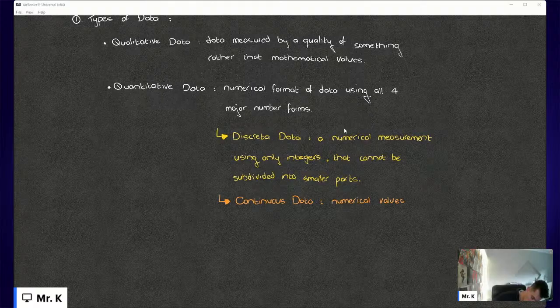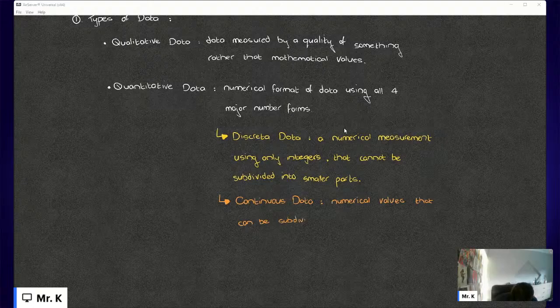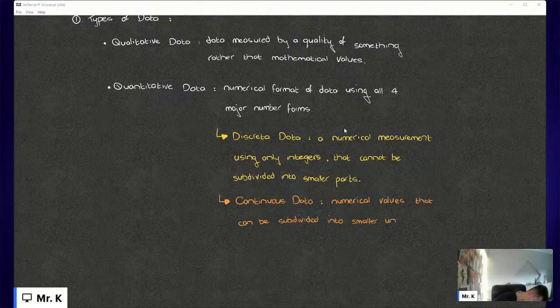So numerical values that can be subdivided into smaller units to show continuity, right? To show progress or continuity.